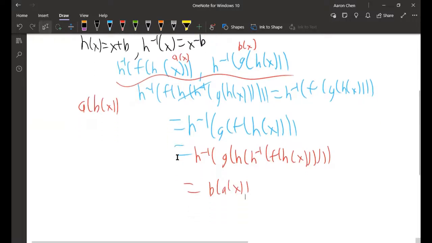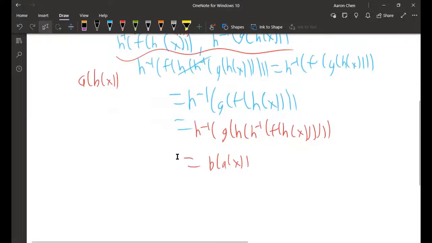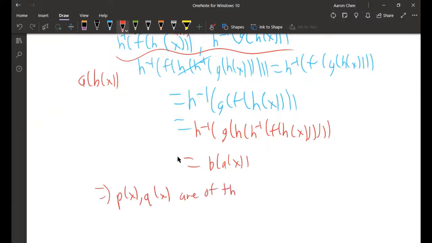And so what that means is that p of x and q of x are of the form inverse of h of f of h of x, or inverse of h of g of h of x.